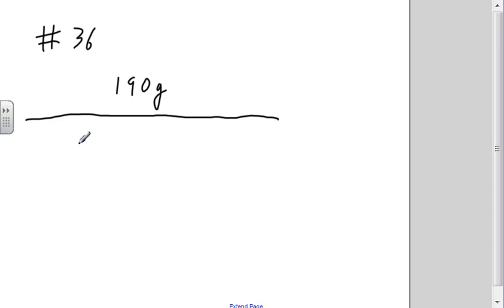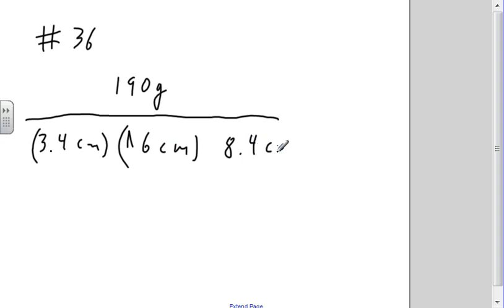And we're going to divide by 3.4 centimeters, 1.6 centimeters, and 8.4 centimeters. Okay, so that's our plan. When we get done, our answer is going to be in the units of grams per centimeter cubed. Okay, so we know that.